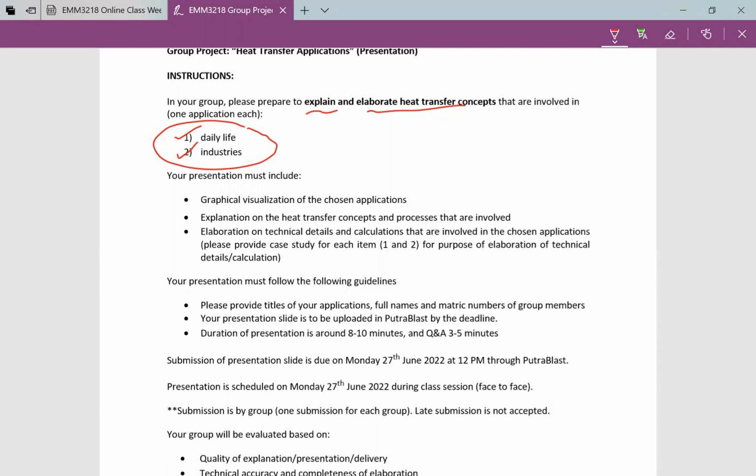So you're going to read and think through what you learned, relate it to the applications, and prepare a presentation slide in your group. During the presentation session, you're going to present what you have, and then be ready to answer some questions that I have.